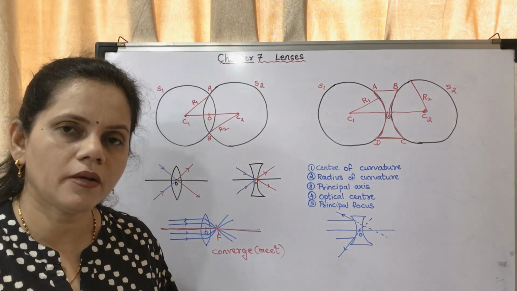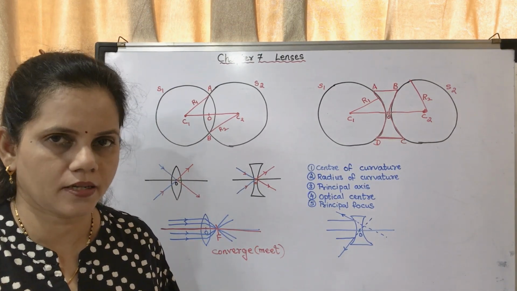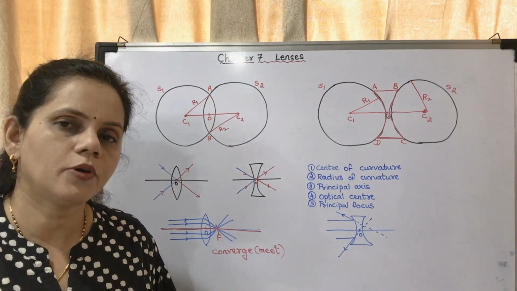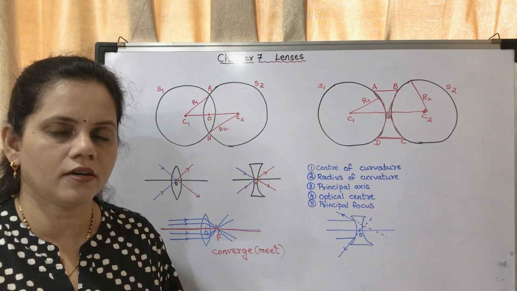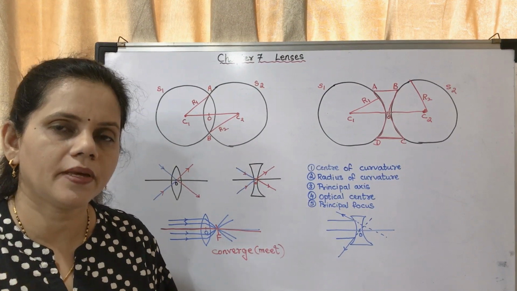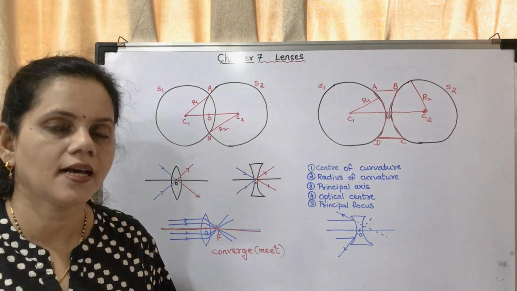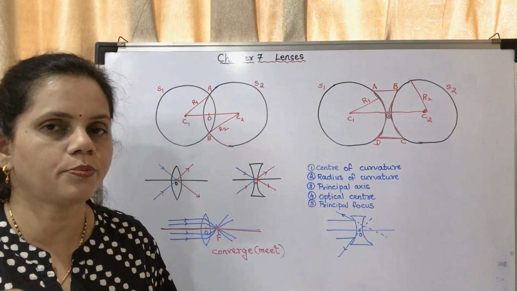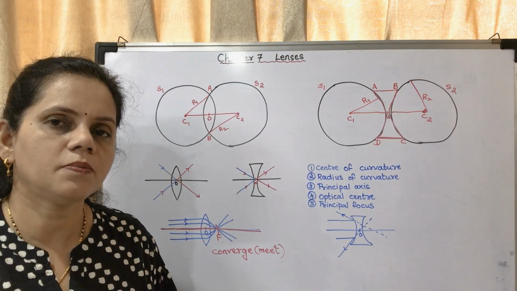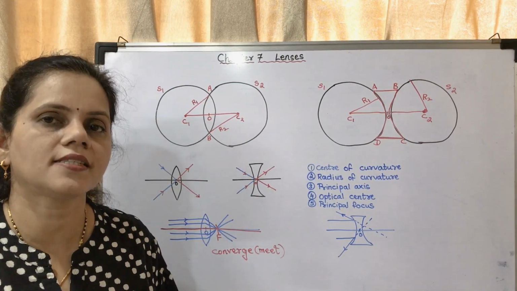So the principal focus is a point on the principal axis where all the refracted rays meet together. The rays coming parallel to the principal axis, after refraction, converge to a point. That point is called the principal focus of a convex lens.